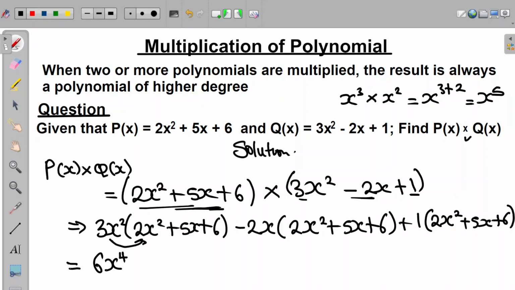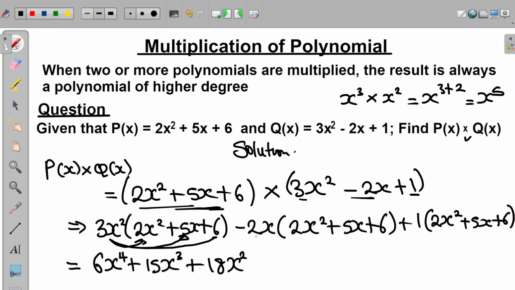Again, 3x² multiplied by 5x is plus 15x³. Also, 3x² multiplied by 6 is giving us plus 18x².